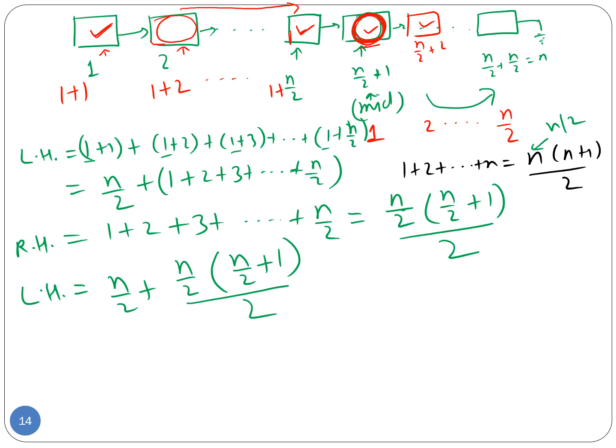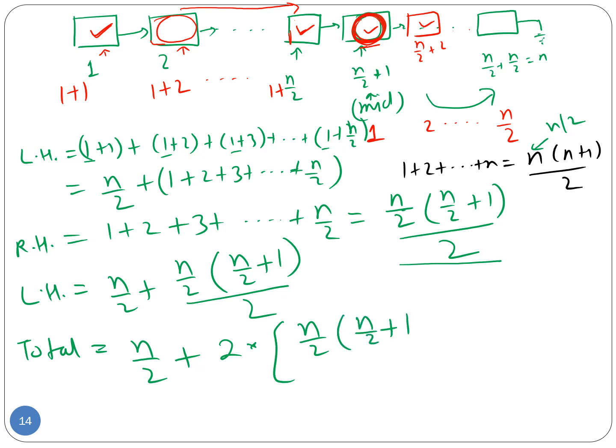Okay, so the total number of comparisons would be given by the comparisons in the left hand side plus the comparisons in the right hand side. So that would be basically n by 2 plus 2 times n by 2 into n by 2 plus 1 divided by 2.